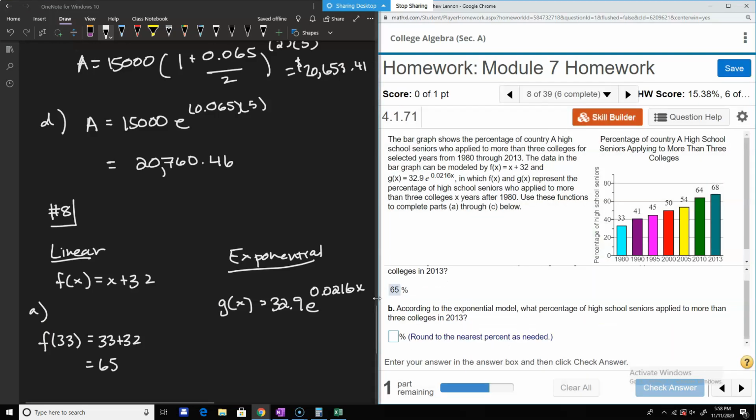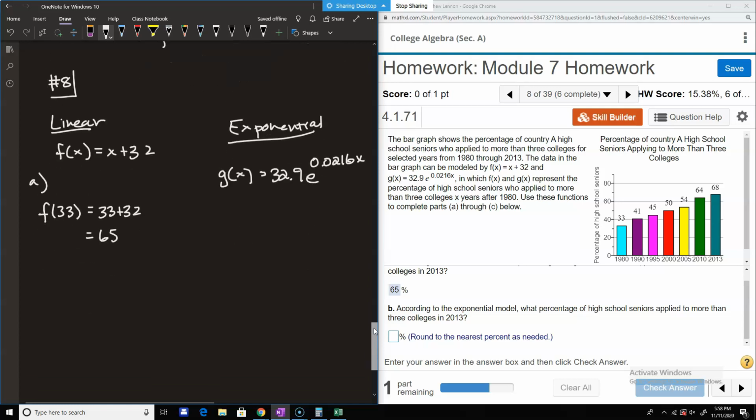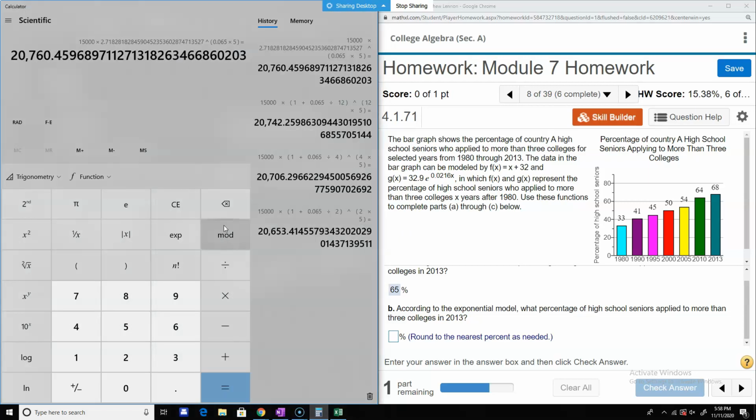Then in B, they say, use the exponential model. Okay, so for B, we want to do the same thing, but we want to plug it into this G formula. So we have G of 33, which is 32.9 times e to this 0.0216 times 33. Right, we're multiplying everybody in the exponent. And remember, you want parentheses around those when you plug it into the calculator. So, the linear is pretty easy.